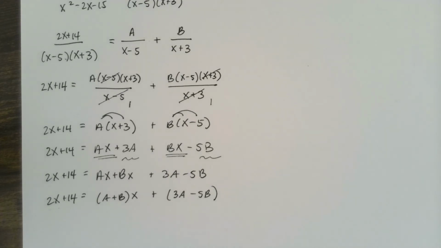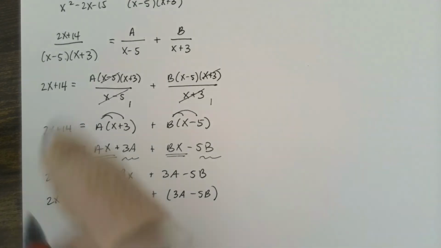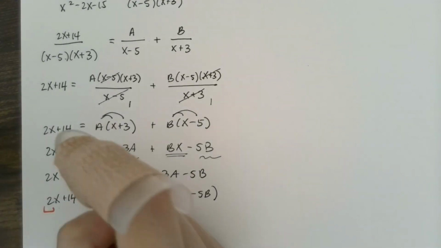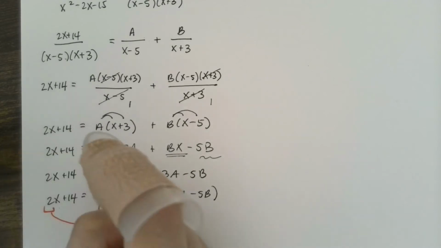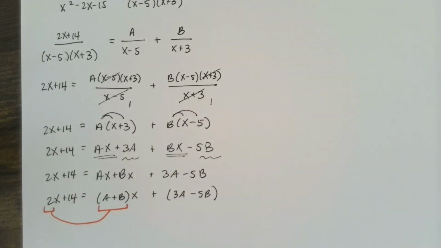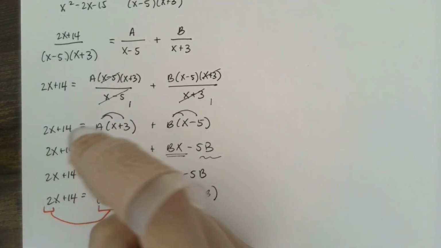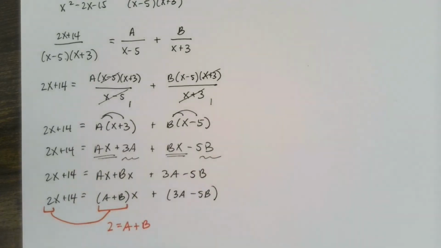So that means that all the coefficients on the left and right have to be the same. So the 2 over here on the x has to be equal to the a plus b on the x here. So we know that 2 equals a plus b. That's how we eliminate the x from our consideration.